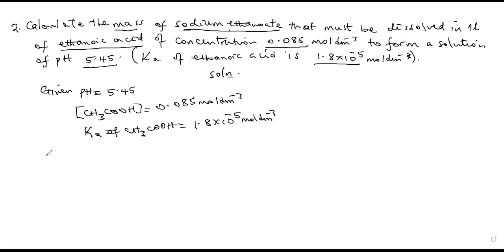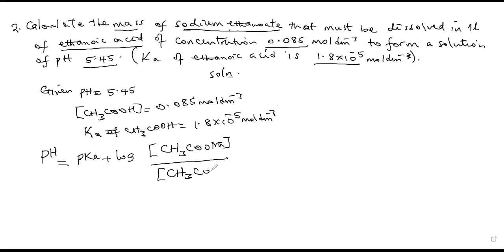What does it imply? Being an acidic buffer, the equation still holds that pH is equal to pKa plus logarithm to the base 10, of course, of the concentration of the salt, our salt is sodium ethanoate, out of the concentration of the acid, which is ethanoic acid. All right.